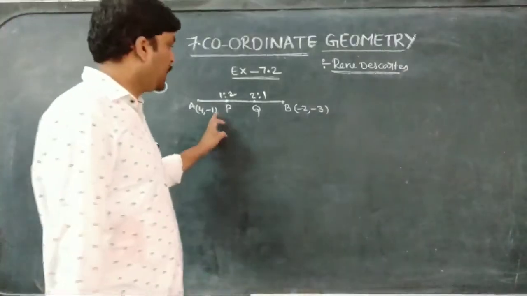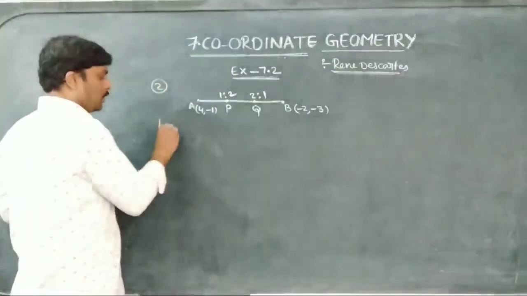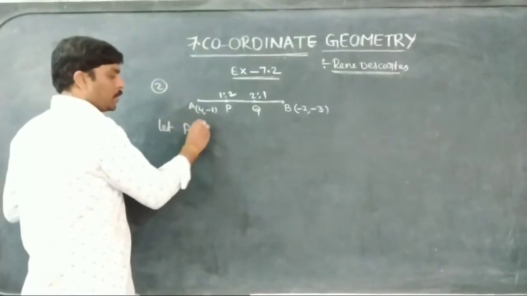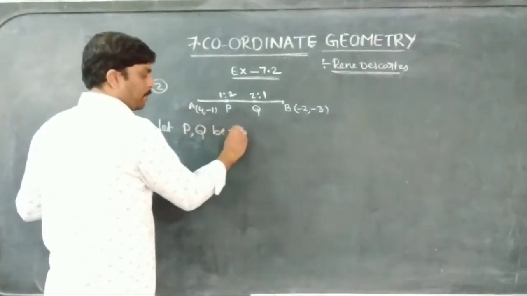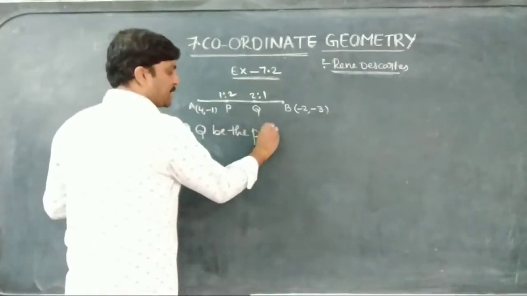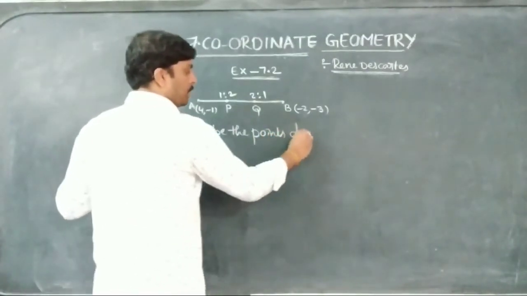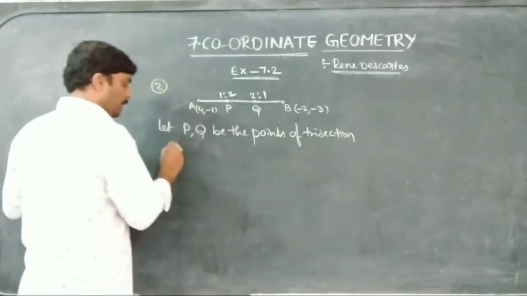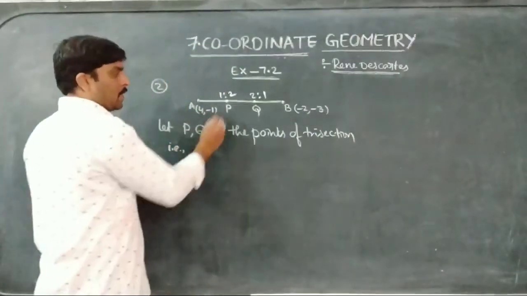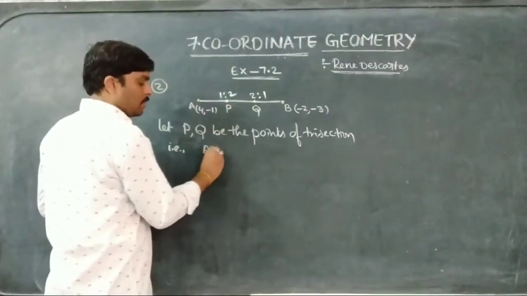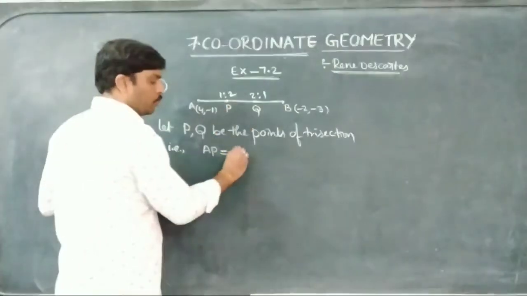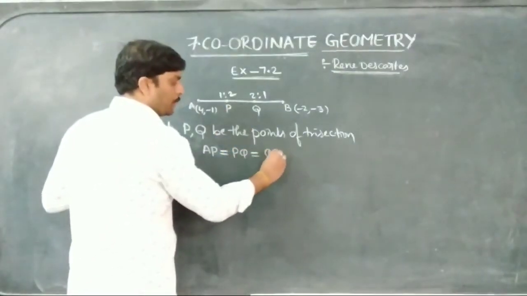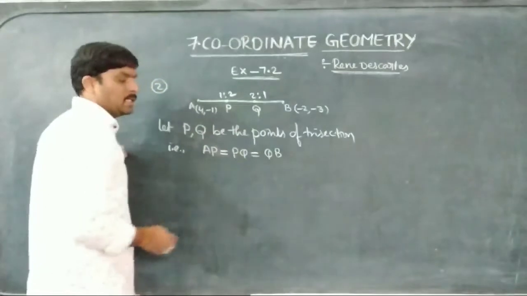Now let P, Q be the points of trisection. So AP is equal to PQ is equal to QB. These three parts are equal.